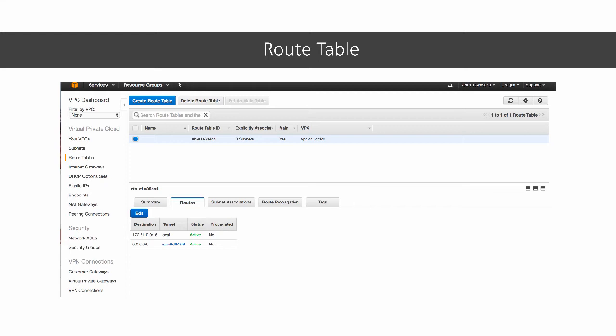In AWS, all of that is abstracted away. AWS networking abstracts the services from the physical underlay. For example, the routing table.